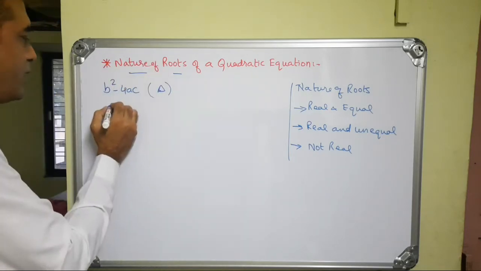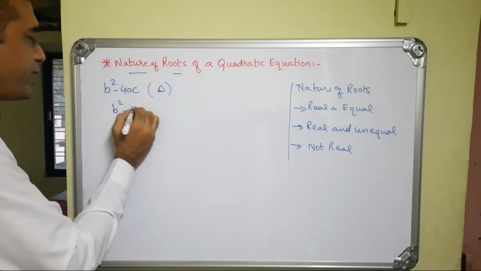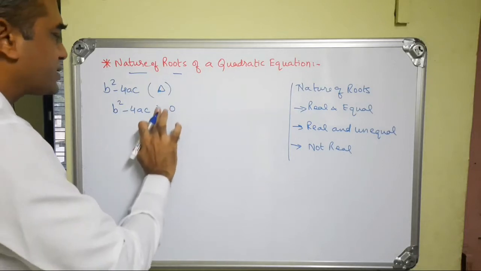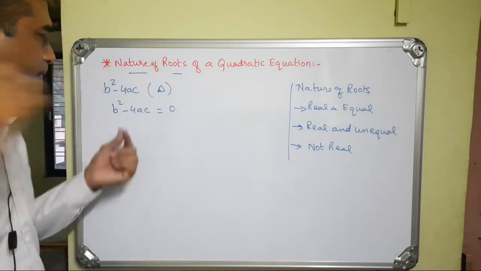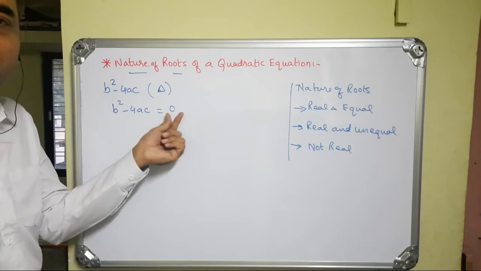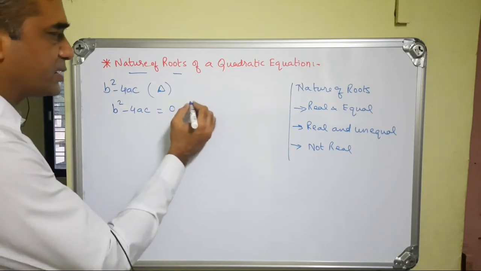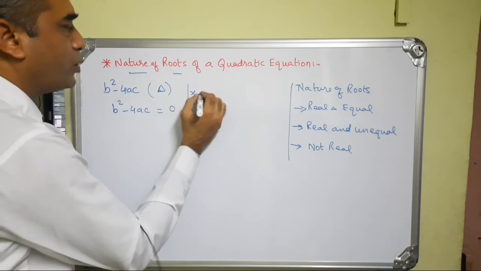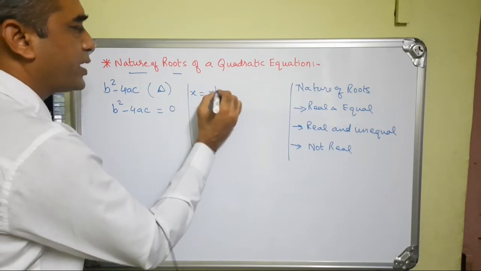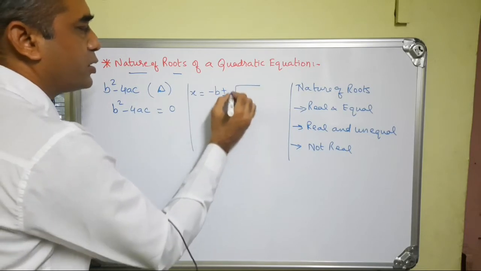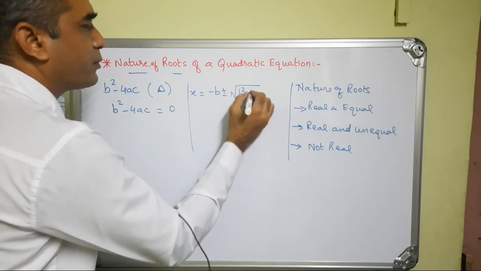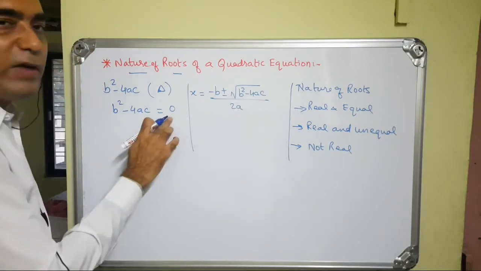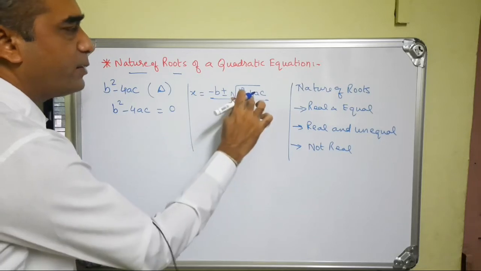Now let's see first if b square minus 4ac equals 0, then what happens? If this value is 0, then in the formula x equals minus b plus or minus square root of b square minus 4ac upon 2a, the number under the root will be 0.